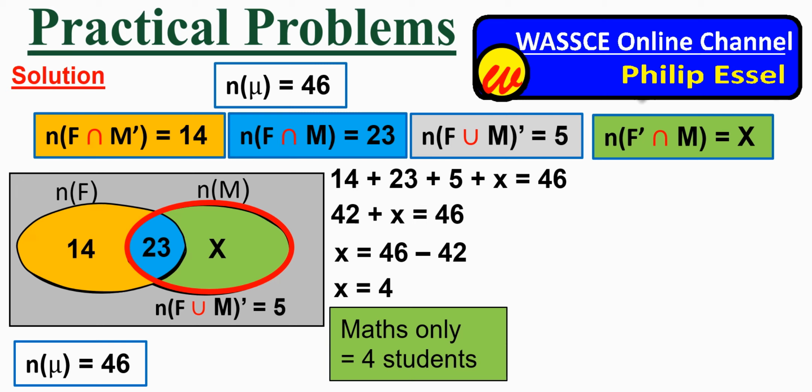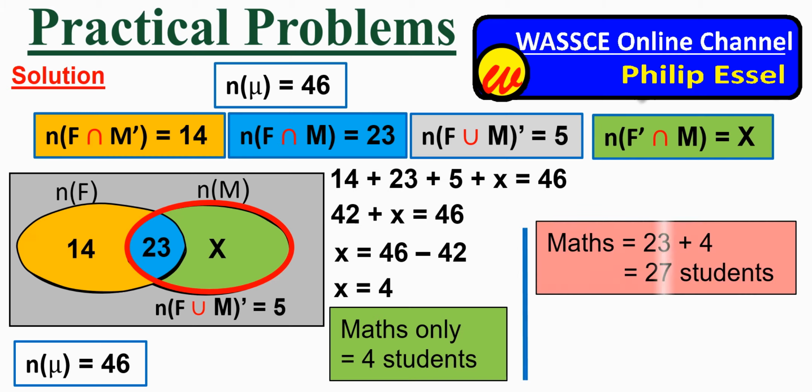We've already found the value of x, which was 4. So mathematics is 23 plus 4. 23 plus 4 is 27. So therefore, the number of students who passed mathematics is 27 students. As simple as that.